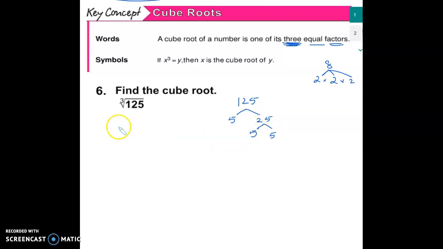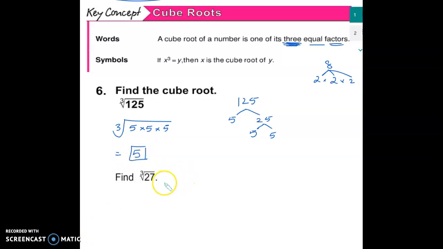So basically 125 I can write as 5 times 5 times 5. So you see that three equal factors make 125. My answer for this one is just one of the 5's. So that's the answer.